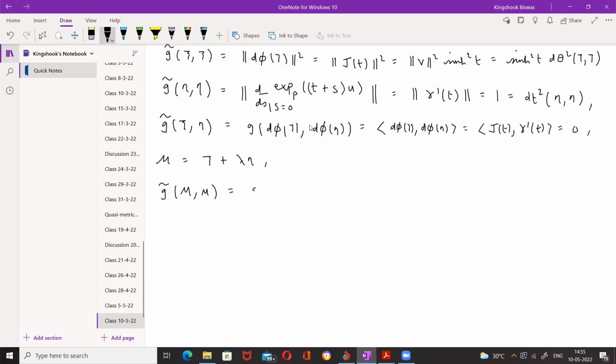This is g tilde of (ξ plus λη, ξ plus λη). Here λ belongs to R. And this is bilinear, so this is g tilde of ξ, plus 2λ g tilde of (ξ, η), plus λ squared g tilde of η.